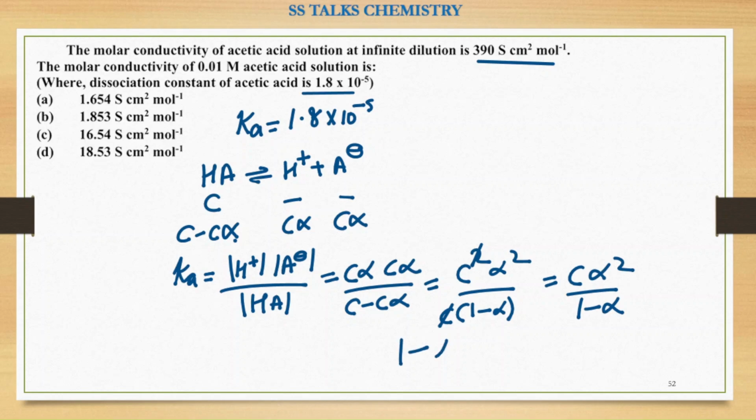So generally we consider alpha value to be very small. So 1 minus alpha is generally considered to be equal to unity only. So from here we can say that Ka is equal to C alpha square. Right? So from here you know the value of the concentration term. Ka value is also known. Alpha you can find out from here.